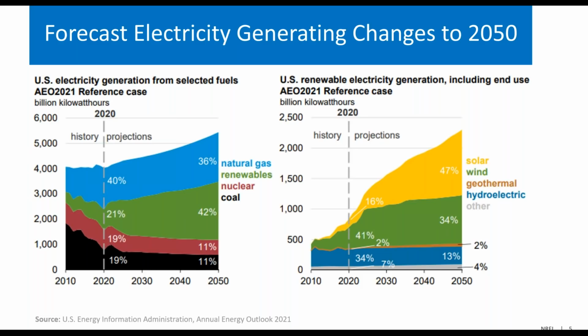Primarily solar PV, you're looking at it in the graph on the right side, going from 16% of delivered energy to almost half of the US delivered energy. And that requires a lot of projects.